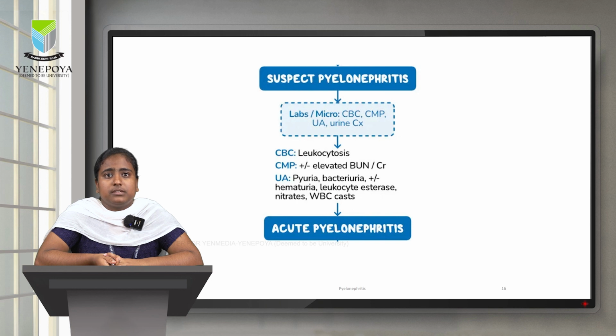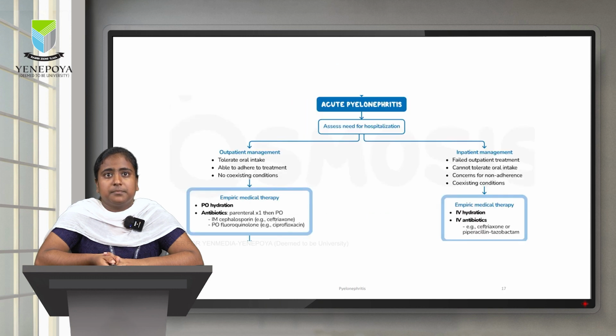In the CBC, you will see leukocytosis, and in the CMP, elevated BUN or elevated creatinine level. In urine analysis, pyuria and bacteriuria will be there, or hematuria, leukocyte esterase, nitrites and WBC casts. So this is acute pyelonephritis.